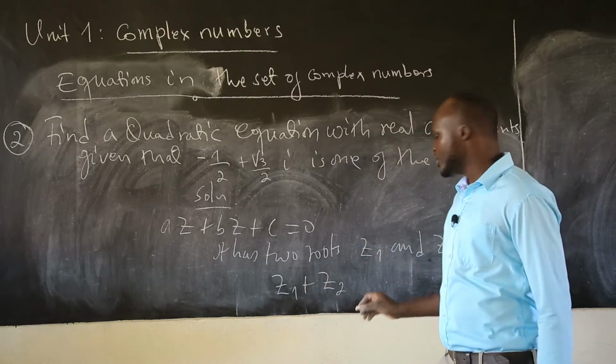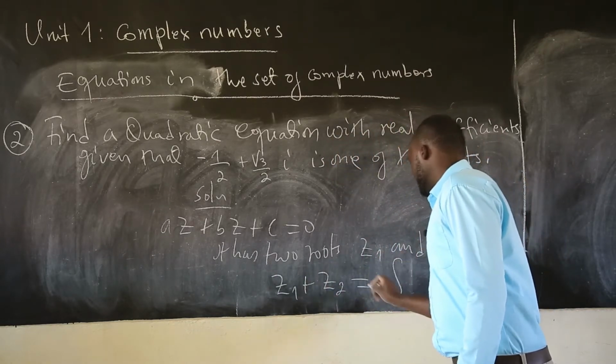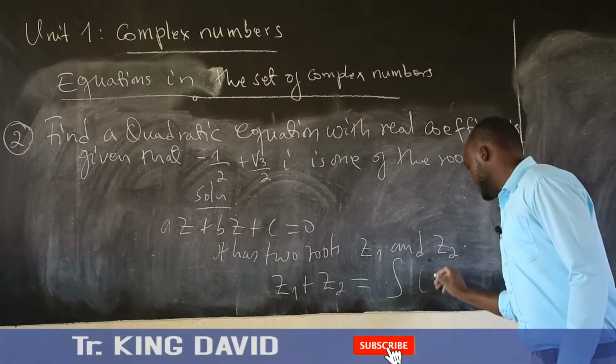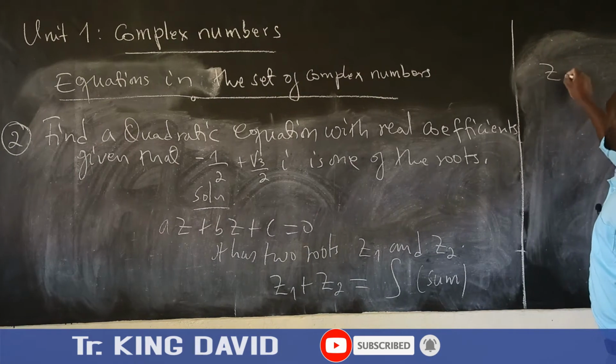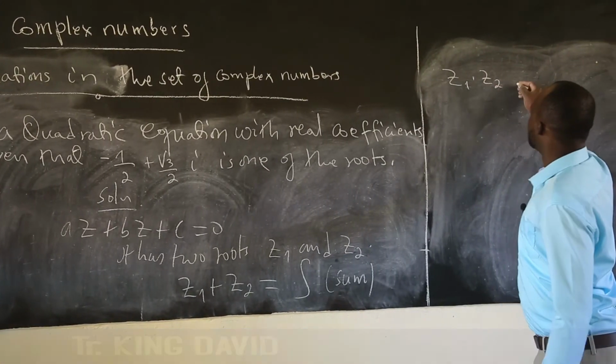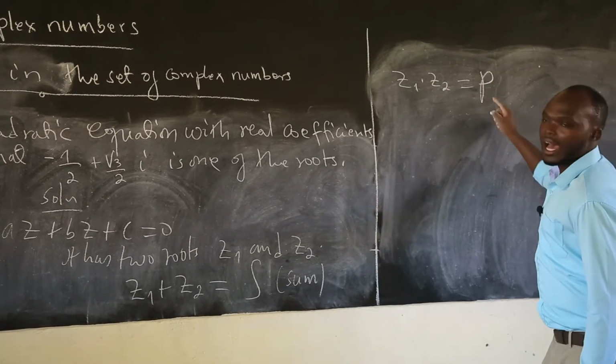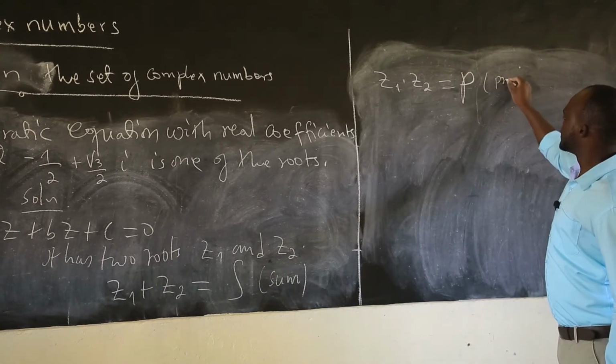When you add those two roots, z1 plus z2, you get s, which means sum. When you take z1 times z2, you get p, and this p is the product.